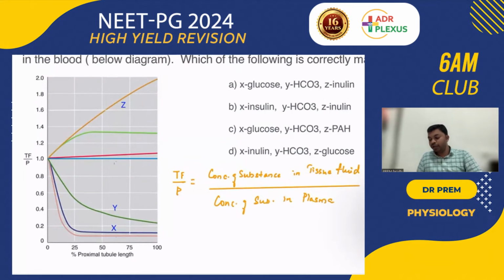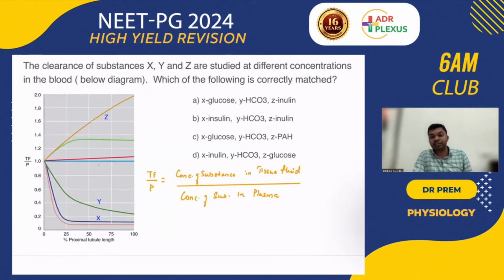So we are going to compare the concentration of substances in the plasma as well as in the tissue fluid. Now, you think what is going to be Z, what is going to be Y, and what is going to be X. Okay, some of you have answered already. Dr. Varsha, it is C. X is going to be glucose, Y is going to be bicarbonate, and Z is going to be para-aminohippuric acid. All right.